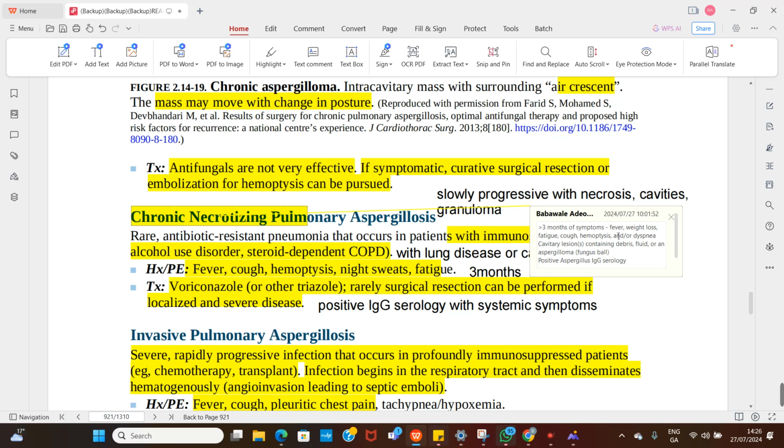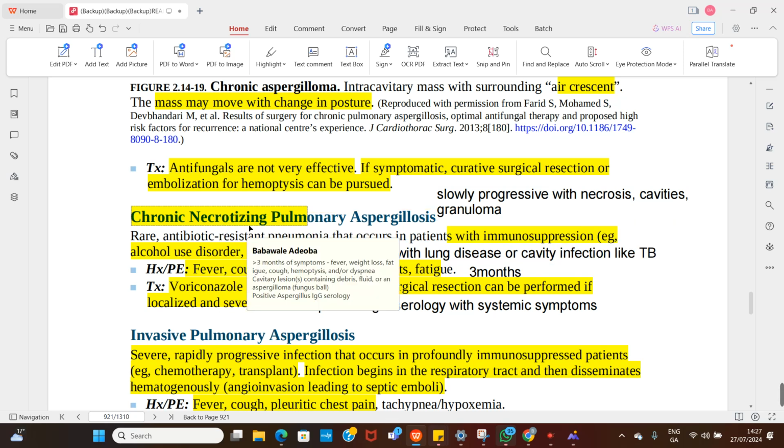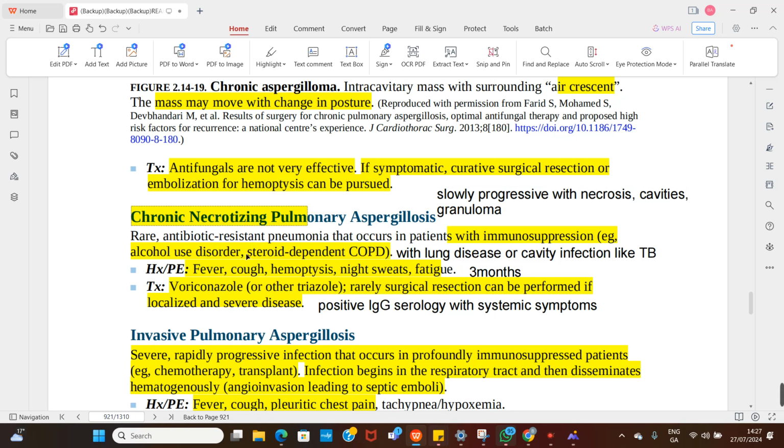So 3 months of symptoms: fever, weight loss, fatigue, hemoptysis; cavitary lesions that contain debris, fluid, or aspergilloma; and a positive Aspergillus IgG serology. Once you have these three, you are dealing with chronic pulmonary aspergillosis. What makes it necrotizing is that on your X-ray you're also going to see features of necrosis, cavities in the lung. So you can say this is chronic necrotizing pulmonary aspergillosis.